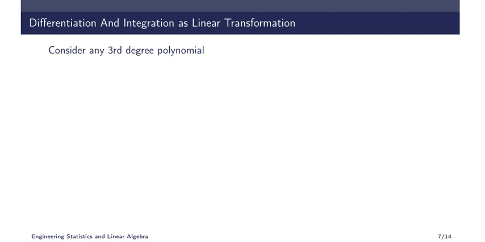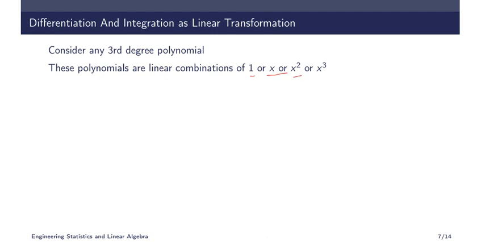Now we will consider another example: differentiation and integration as a linear transformation. Consider third degree polynomials. What is a third degree polynomial? A polynomial which consists of the terms 1, x, x square, and x cube. So the polynomials are linear combinations of these four elements, 1, x, x square, and x cube.